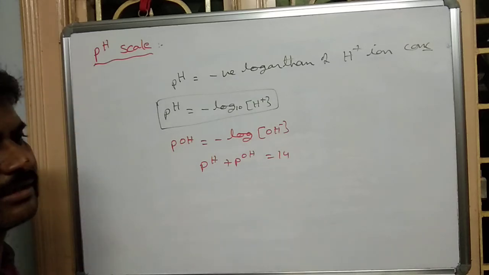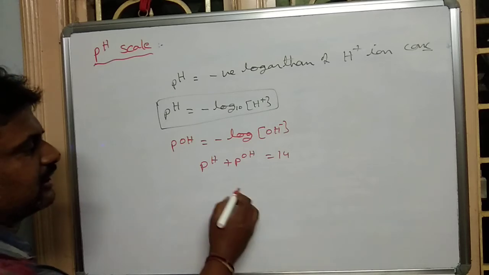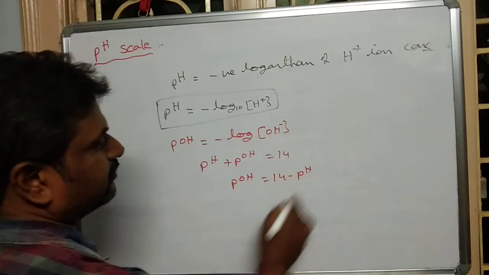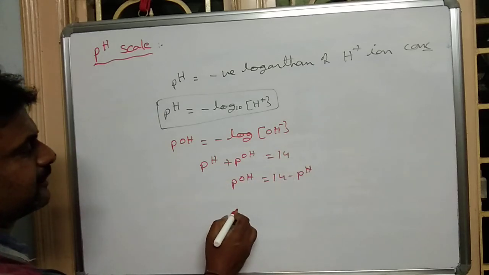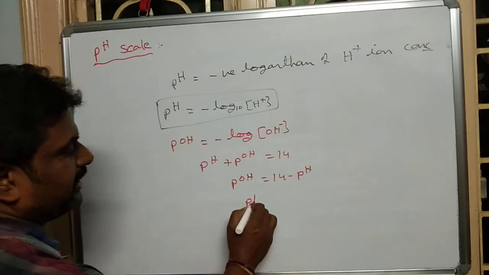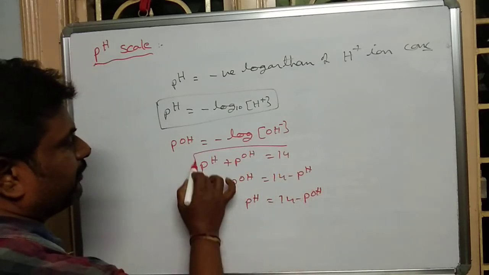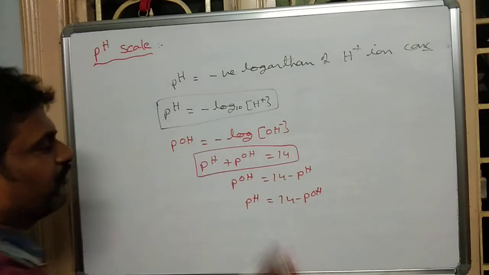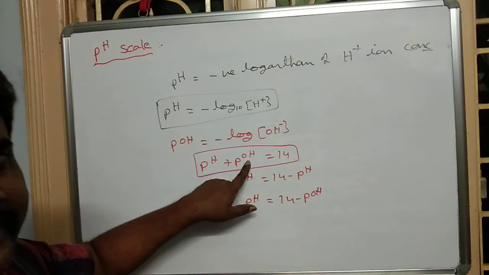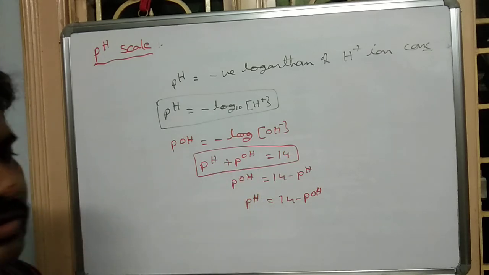If we want only pH and they don't give the pH, they give the pOH, then pH is equal to 14 minus pOH. And if we want pOH, it is 14 minus pH. H means hydrogen ion concentration, OH means hydroxyl ion concentration. The total pH plus pOH is equal to 14.